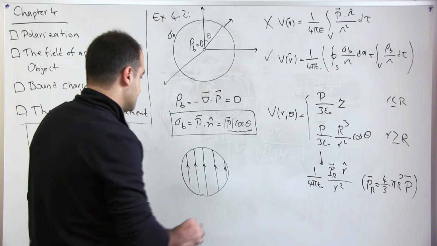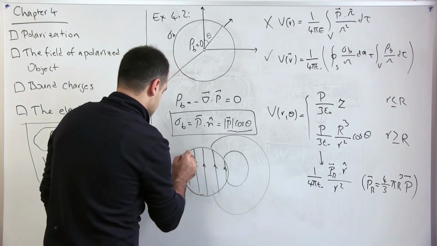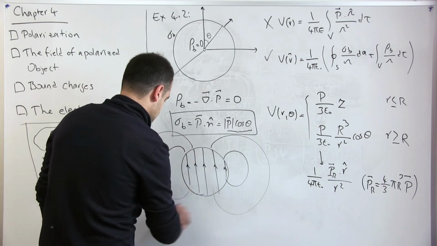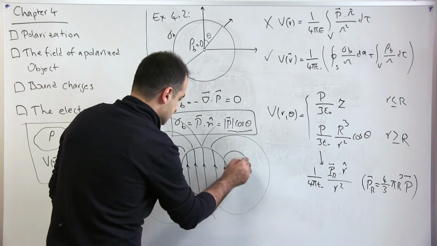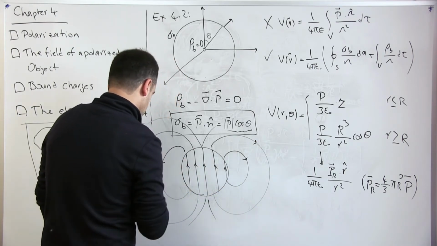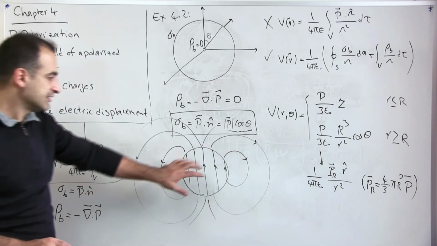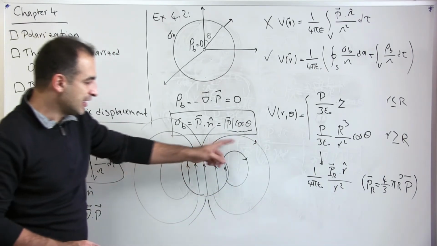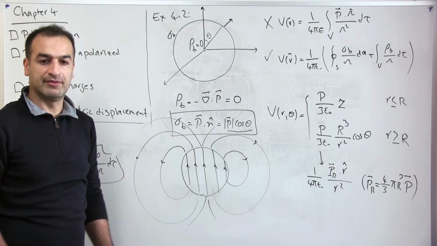And outside, you're going to get terms like this. This is the kind of electric field lines you're going to get. Inside, something completely uniform. Outside, similar to what you would get from a single dipole.